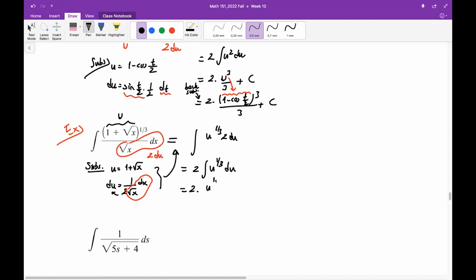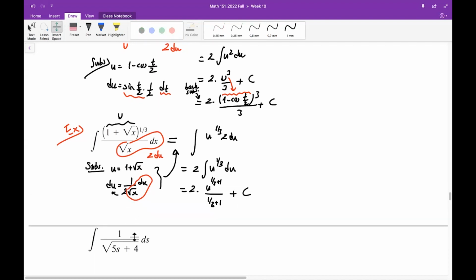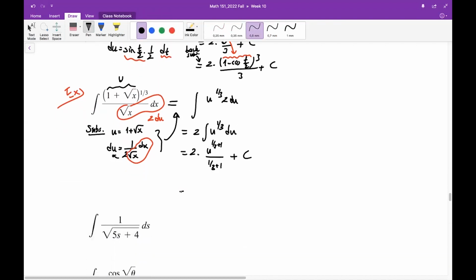Add 1 to the power, divide by the same power then. So we will add 1 to the power and then I divide by the same power: 1 over 3 plus 1, 1 over 3 plus 1. Don't forget to put this arbitrary constant c. Okay, and then we need to do some back substitution to turn back to our original variable x.